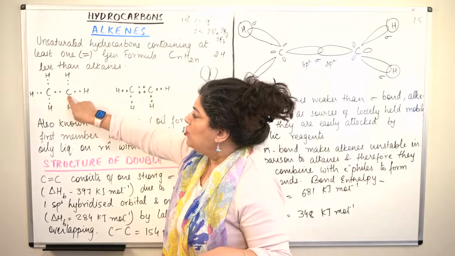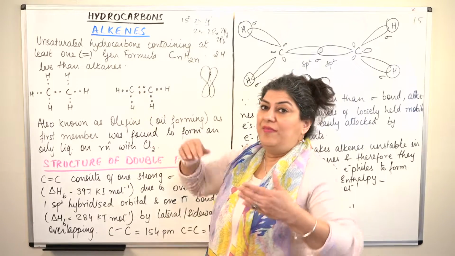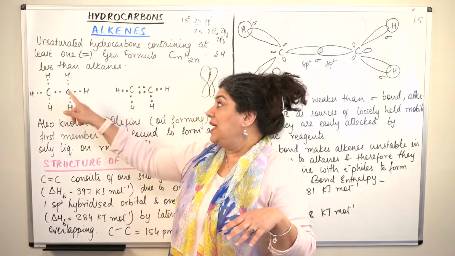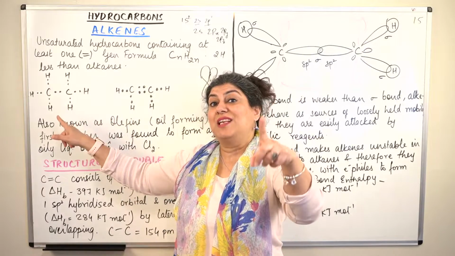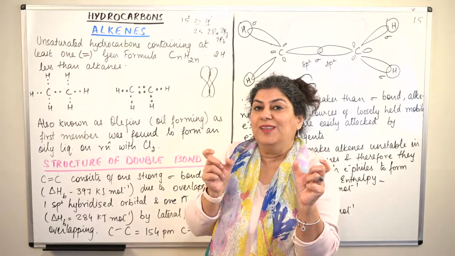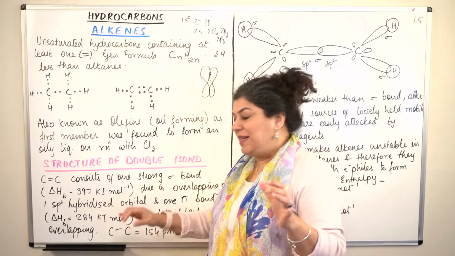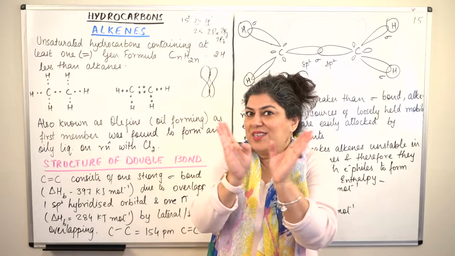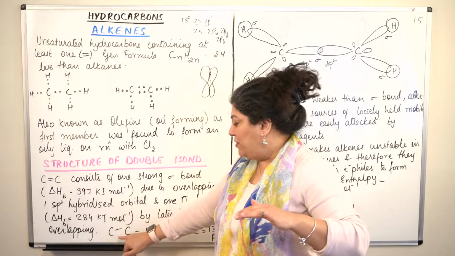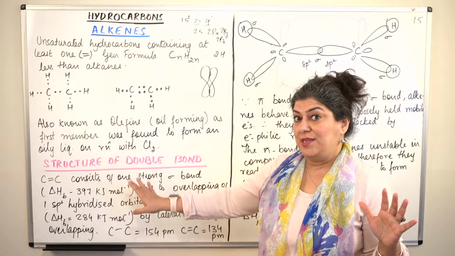The distance between these two carbons would be 154 picometers, because there the hybridization is sp3. sp2 hybridized orbitals are shorter than sp3 hybridized orbitals. So if there was only a single bond, the distance would be 154 picometers, which means the hybridization is sp3.